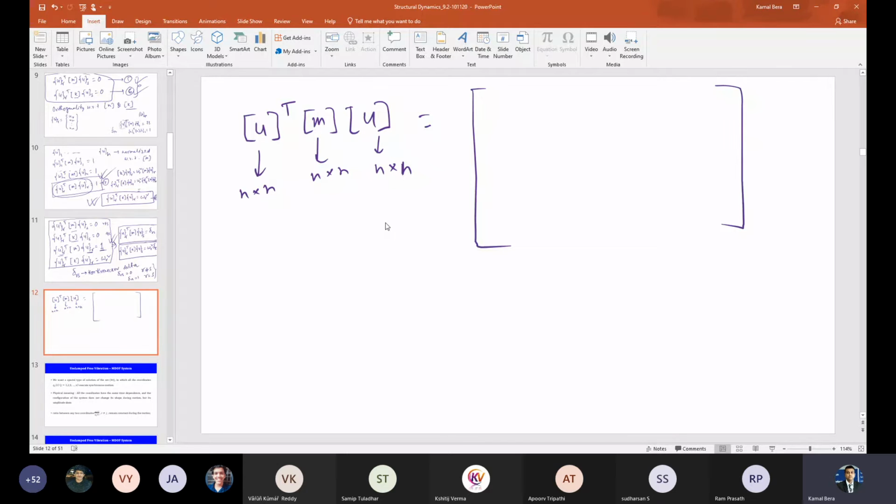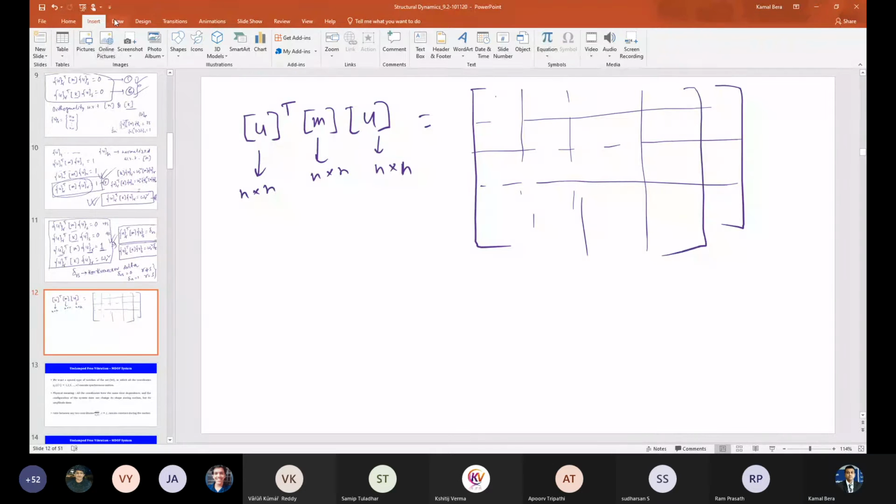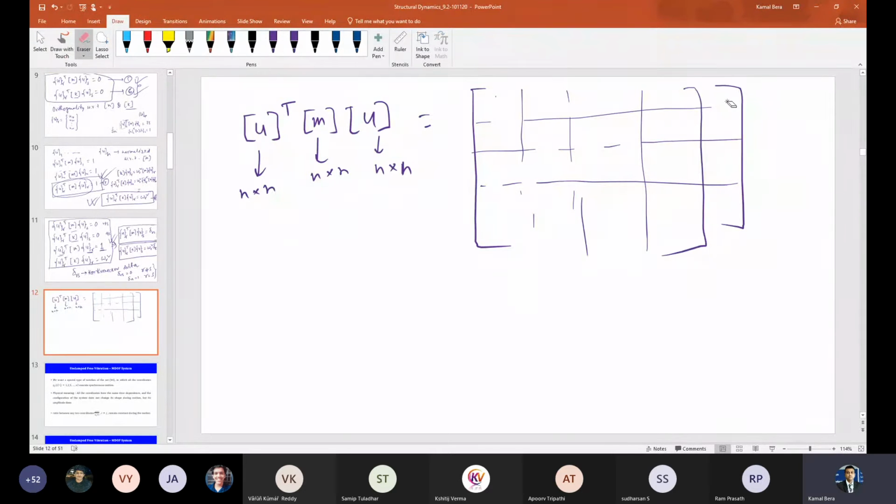I'm just making a box like that for your convenience. Let's say it's a 4 by 4, just for convenience. Tell me quickly what the entries are if you have understood everything so far. What is this entry?